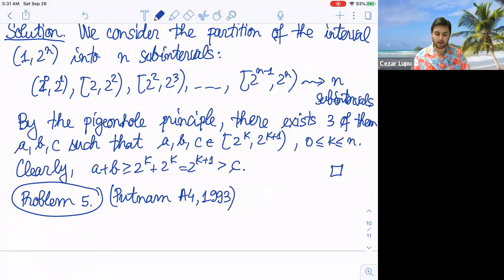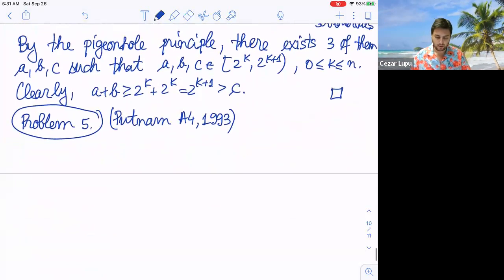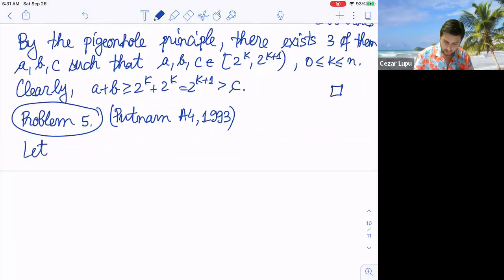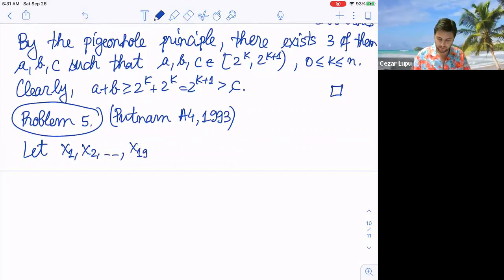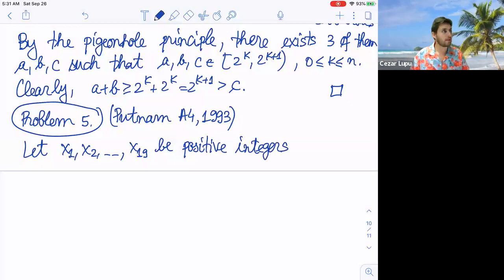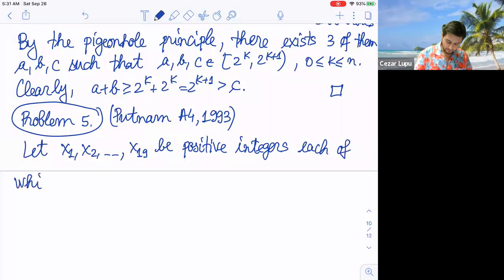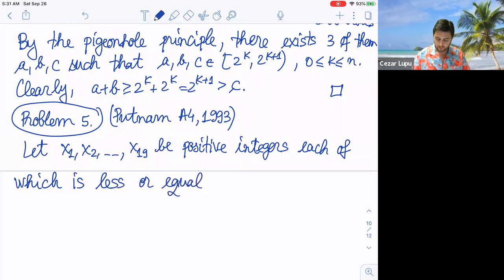Well, you need to understand the statement quite well. The statement says the following: let x1, x2, up to x19, so we'll consider a set of 19 positive integers, each of which is less or equal to 93.